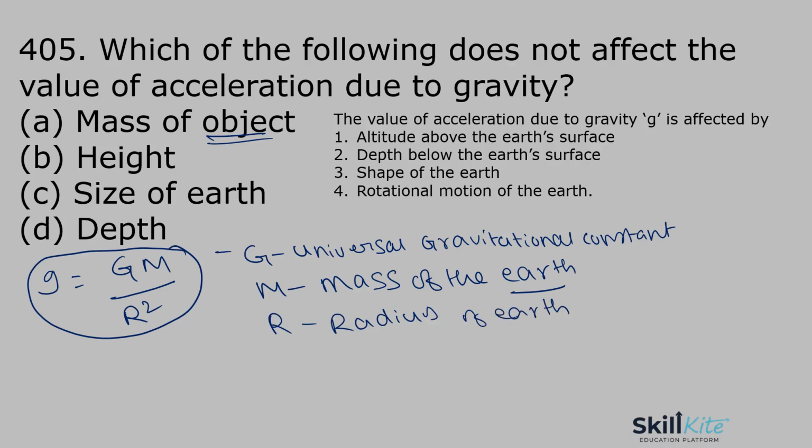So the above equation gives acceleration due to gravity at the surface of the Earth. Clearly g is independent of the mass of the body. So option A is the right answer. The mass of the object does not affect the value of acceleration due to gravity.